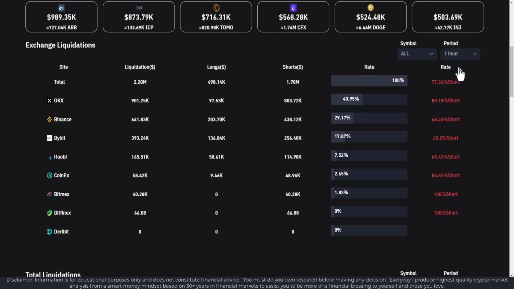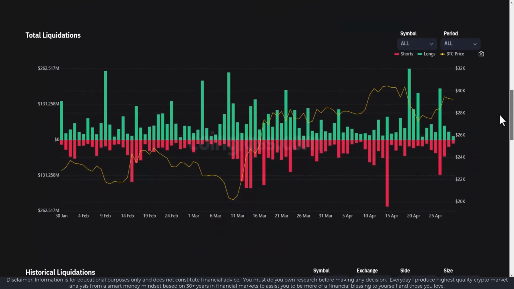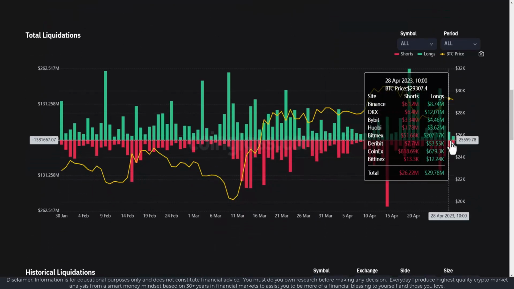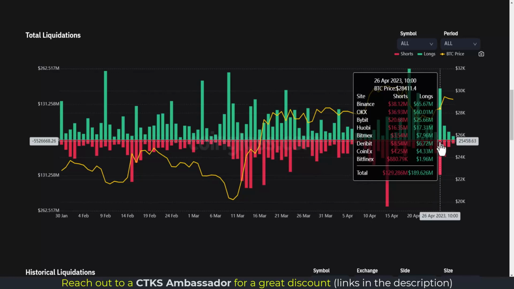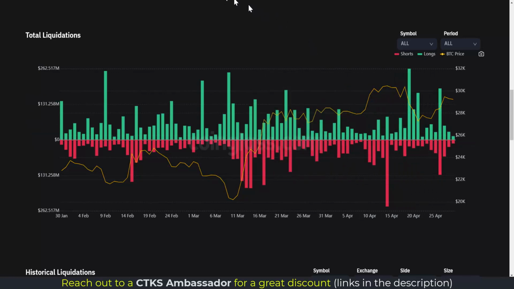And what about the past hour? It's gone the other way again. It's really, really choppy out there. 66% long. And you can get a bit of a visual indication from this chart down the bottom. You can see the longs and the shorts are always taking it in turns to whack each other. That is, liquidate each other.